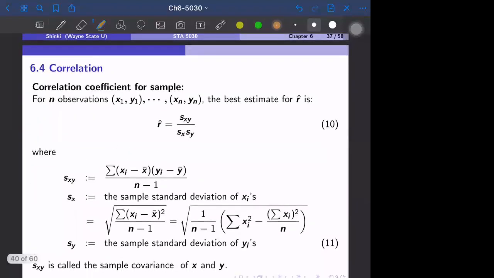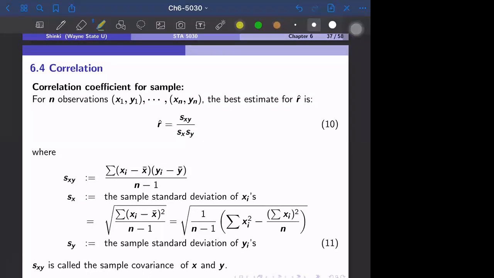Okay, so the correlation coefficient for a sample. For variables x and y, for example weight and height, we have some true correlation coefficient, but we can only observe samples, and based on a sample with finite observations, we have to estimate the correlation coefficient.